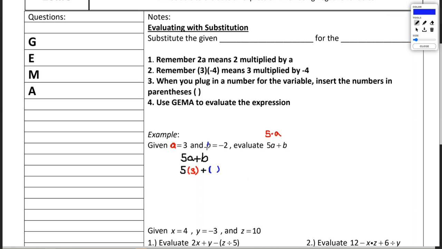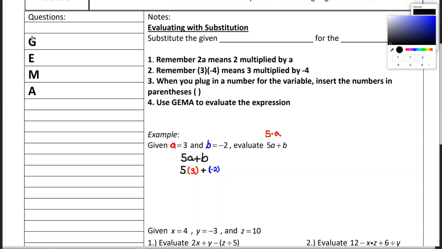And we look up here and they say that b is going to be equal to -2. So the negative sign and the 2 both need to go inside the parentheses. Okay. All right. So now that we've substituted into parentheses, we're going to solve using GEMMA.